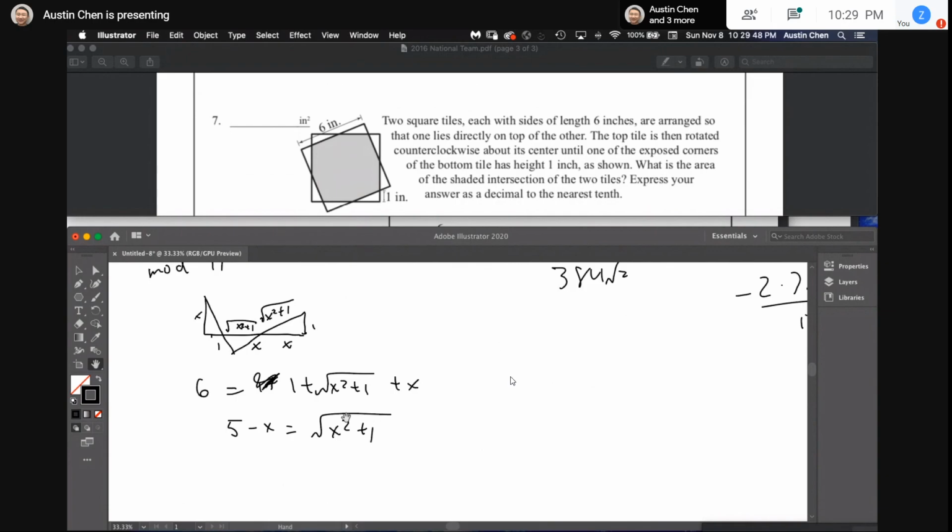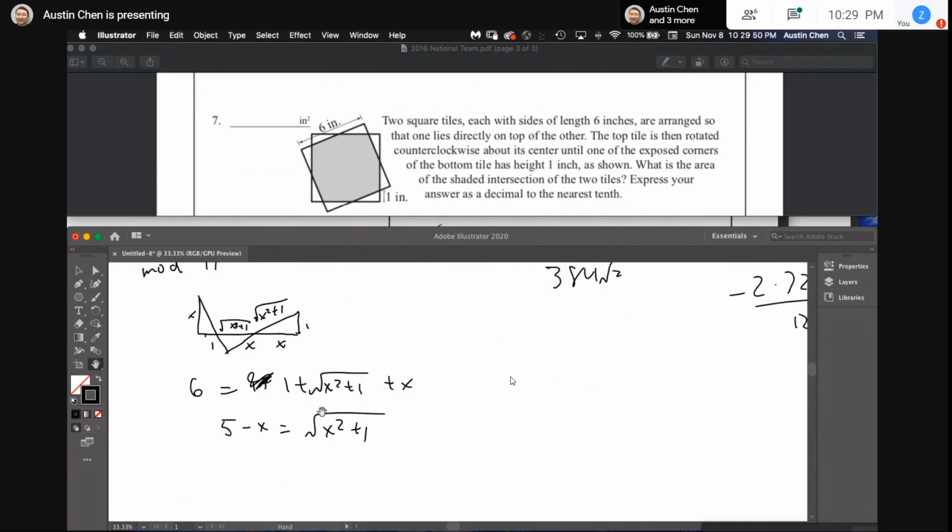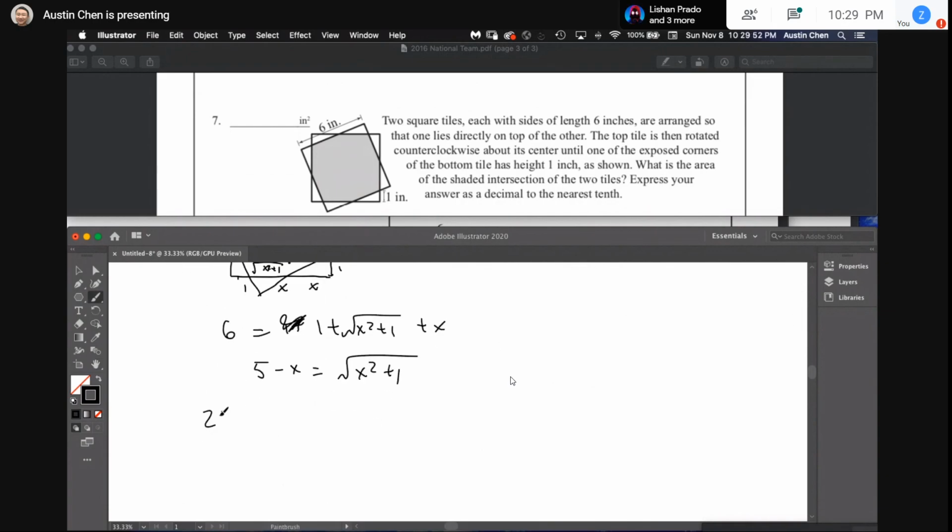We can solve this for x by getting rid of the radical, so square both sides. Our x squares cancel, so that's nice. Then we just have 24 equals 10x, so x equals 2.4, right?